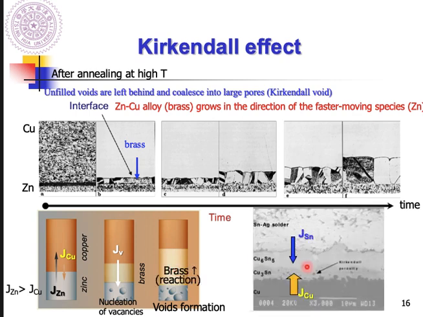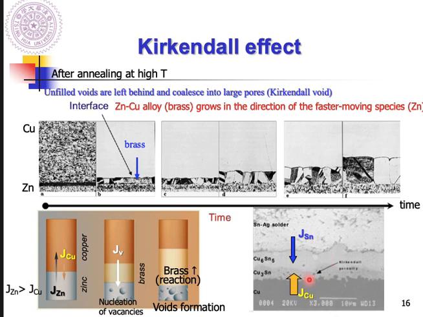Additionally, if we have copper and tin in a diffusion couple, or what some people call tin-silver solder on top of copper, then because the flux of copper is larger than the flux of tin, the vacancy flux moves downward.